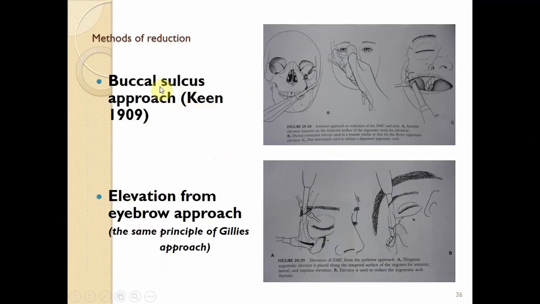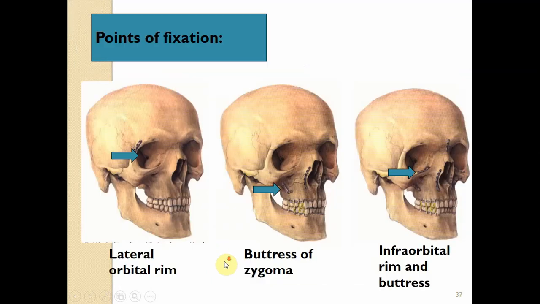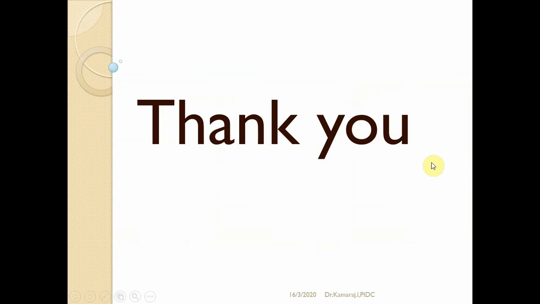The buccal sulcus approach is an intraoral approach, called the Keen approach. Elevation from the eyebrow is the same as the eyebrow approach. And the points of fixation are the frontozygomatic, then zygomaticomaxillary and infraorbital. These are the main things. Thank you.